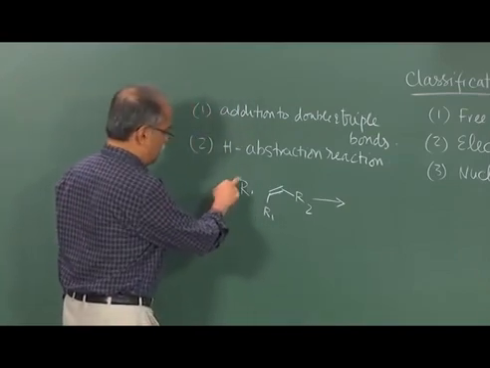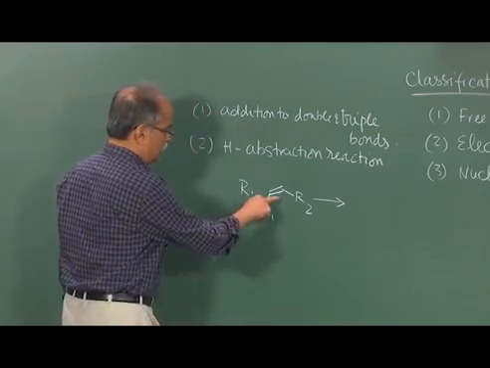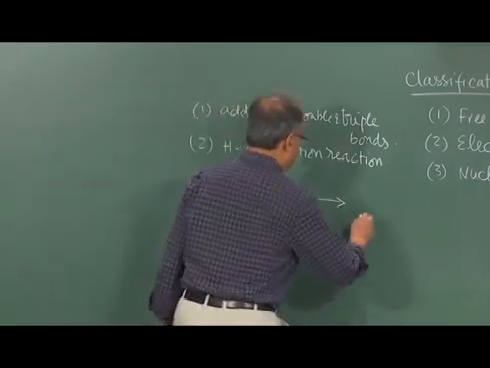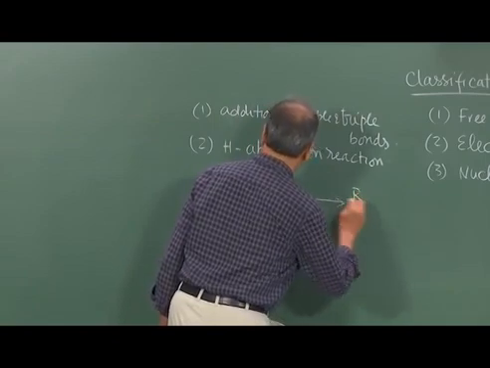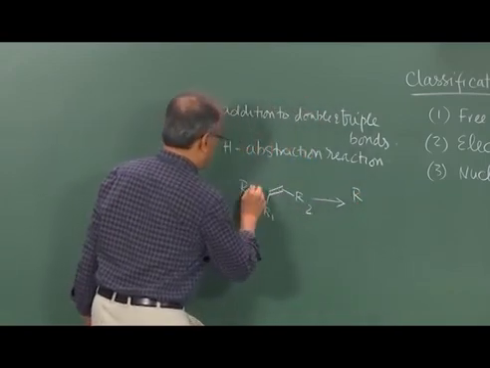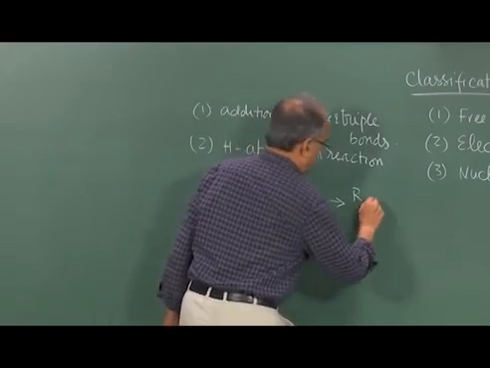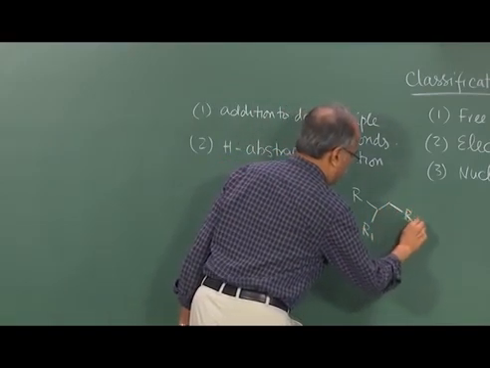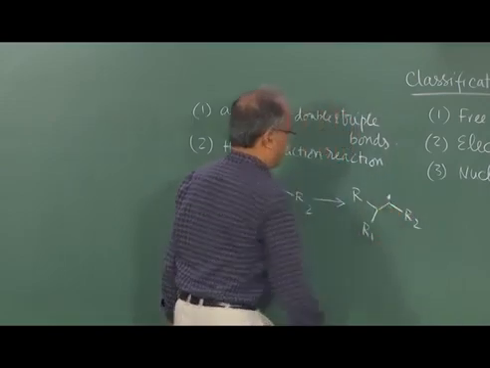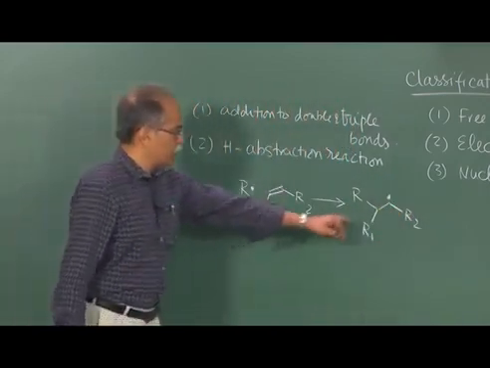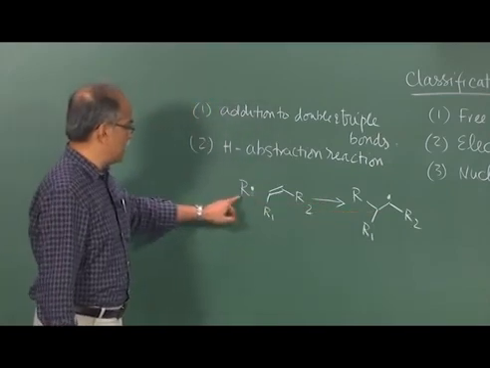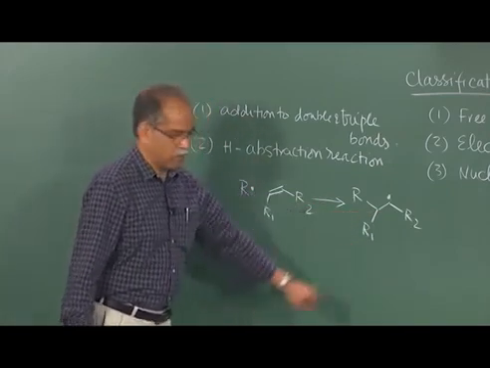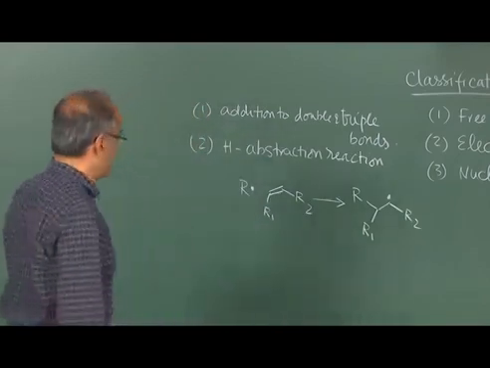They are essentially electron deficient in nature. So, they tend to add to electron rich double bonds, pi electron rich double bonds. In doing so, they form another free radical. If the free radical that is formed is a more stable free radical than the free radical that is reacting, then this reaction is a favorable reaction.